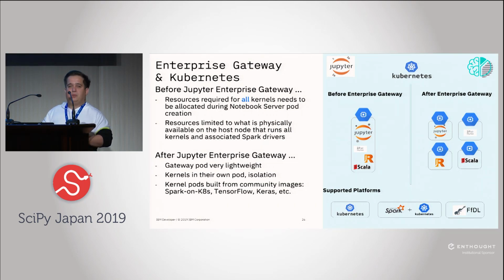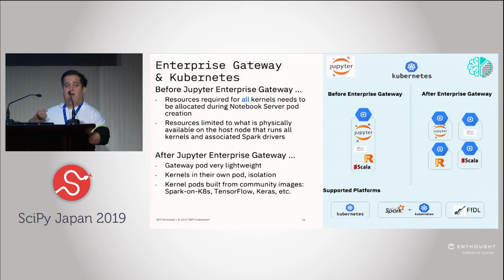When we look into the environment and want to apply Jupyter there, we saw similar issues: if you wanted to support multiple notebooks, you have to schedule all those resources at the time that you start the Jupyter server on that pod. We applied the similar principles that we applied on the analytics platforms to Kubernetes. We decoupled the kernels, and now they start as a separate pod.